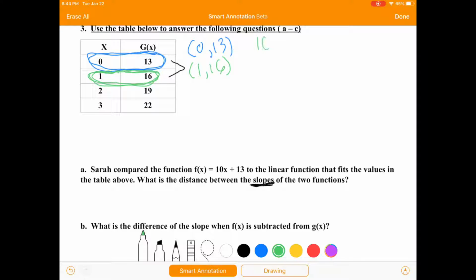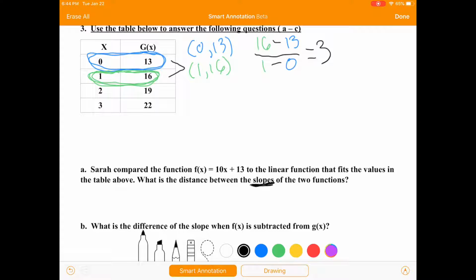I'm going to do 16 minus 13, and then I've got 1 minus 0. And I get 3. Yes, not bad. 3.